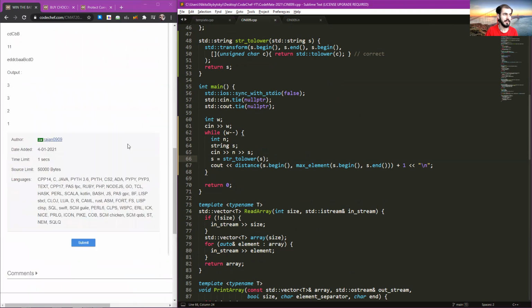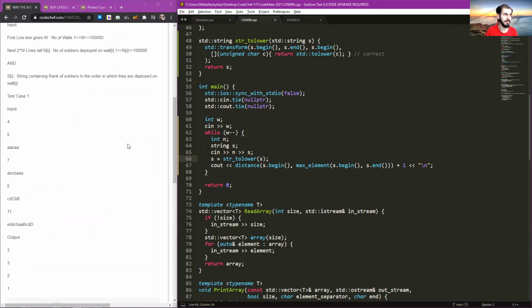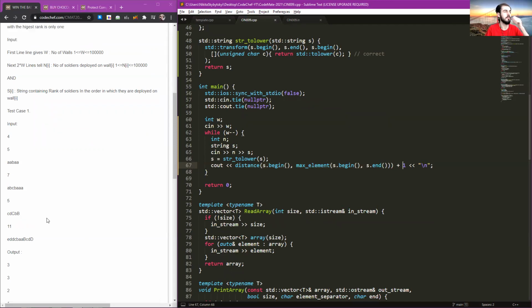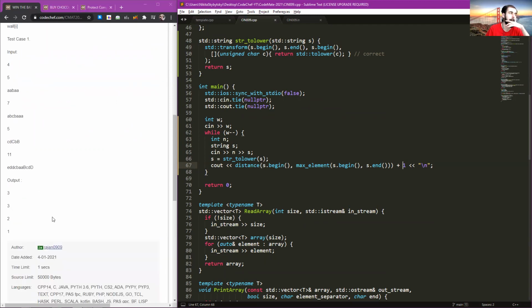I'm not sure that I understand the problem statement. We find the max letter in the string, we find the distance from the beginning of the string. We add 1 because indices start with 1. What can go wrong?